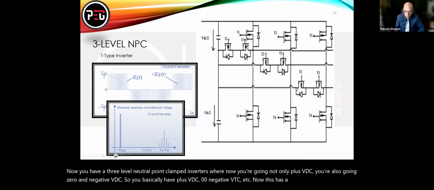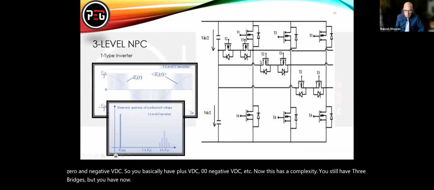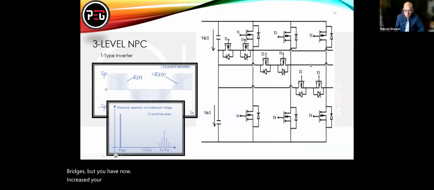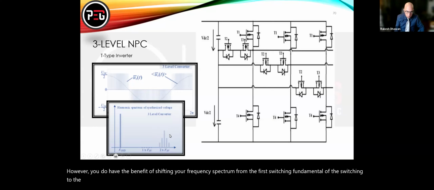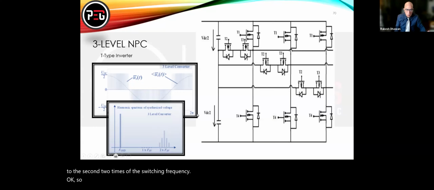You still have 3 bridges, but you have now increased your MOSFET quantity to 12, and you have additional complexity of driving these MOSFETs. However, you do have the benefit of shifting your frequency spectrum from the first switching fundamental to 2 times the switching frequency, okay? So some alleviation of your EMI RFI issues.